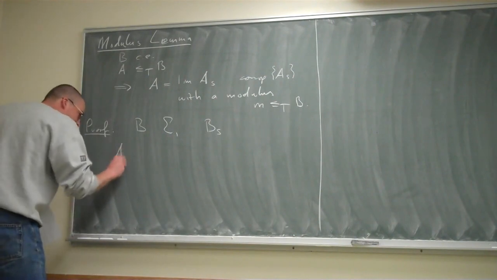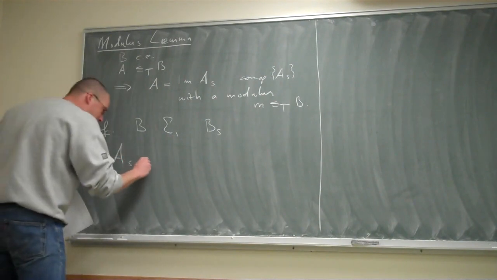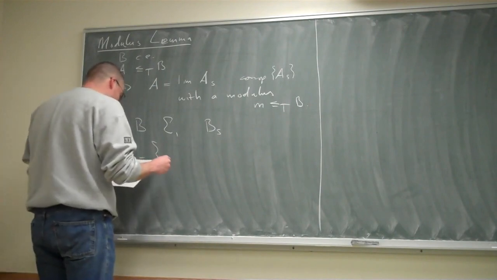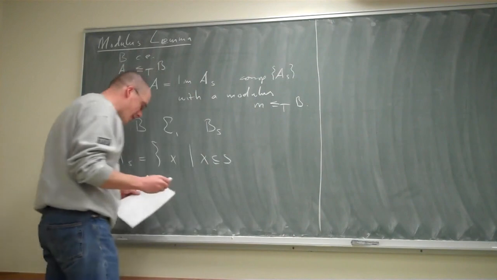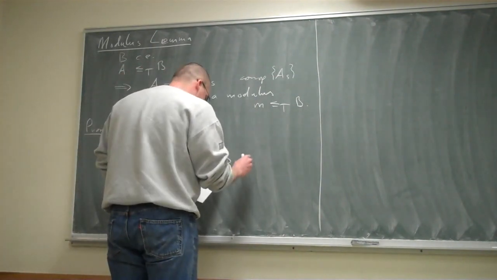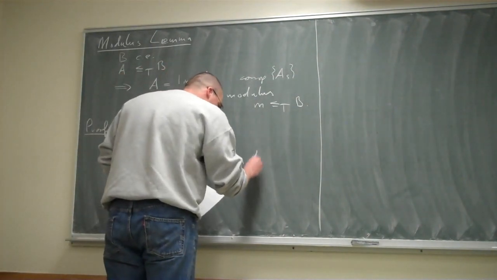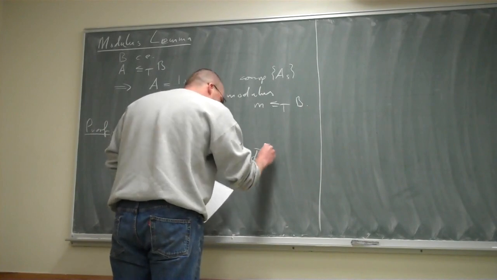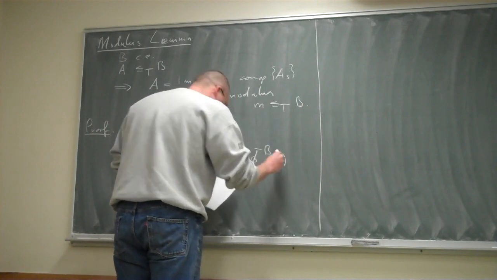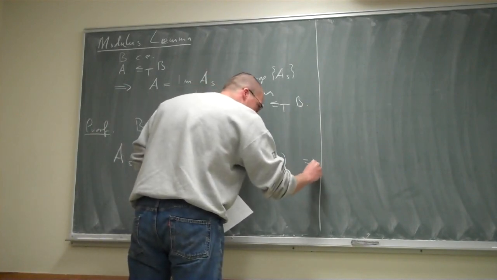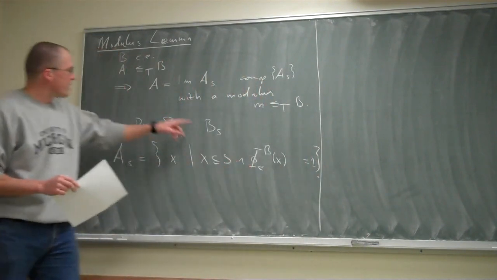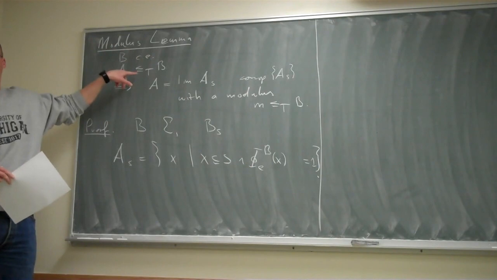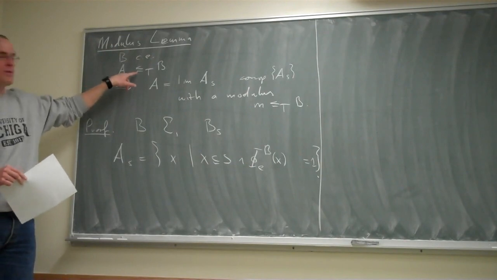Then from this we can just, in that same way, define A_s to be those x such that x is less than or equal to s, such that phi_e^B(x) is equal to 1, where e is the index of the Turing machine that gives you this reduction.